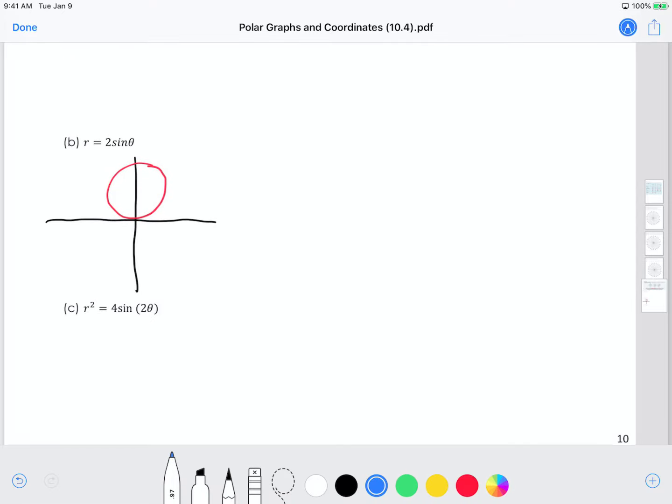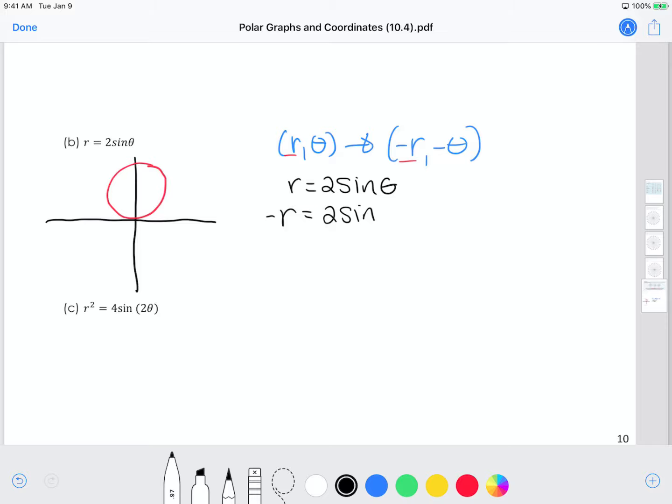So I'm starting with the equation r is equal to 2 sine theta. And I replace r with negative r. And I replace theta with negative theta.